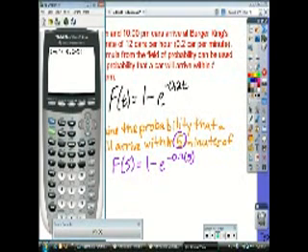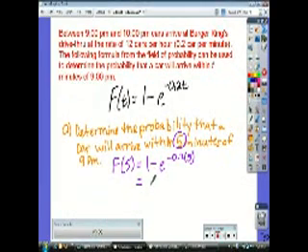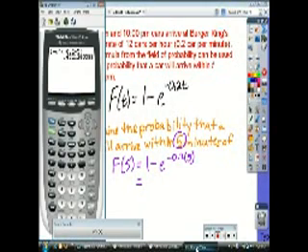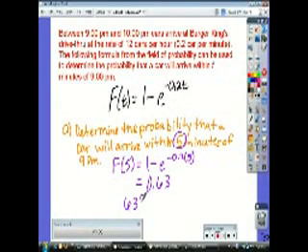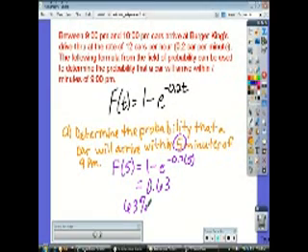Okay, and now we can hit enter, and that would be our function value. Let me bring that back up real quick. 0.632, so let's say 0.63, which is 63%. It's a 63% probability. It's pretty high.